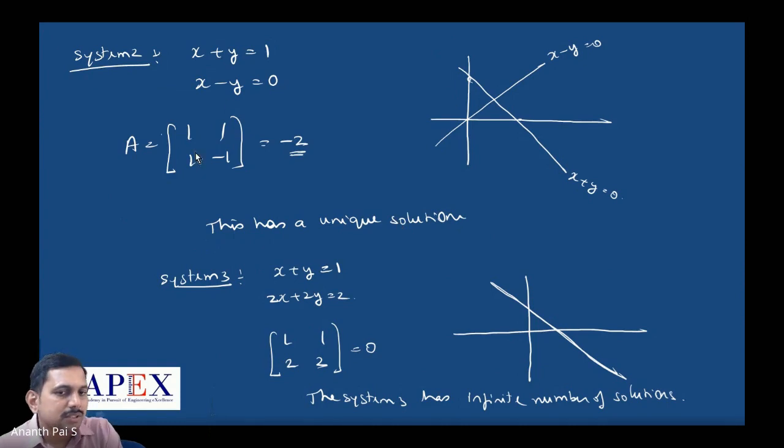Next, this kind of thing where you have the determinant being nonzero, then this has a unique solution. Here also you get 0, but then these are linearly dependent. It has an infinite number of solutions. How does it come? System 3, it's the same thing.